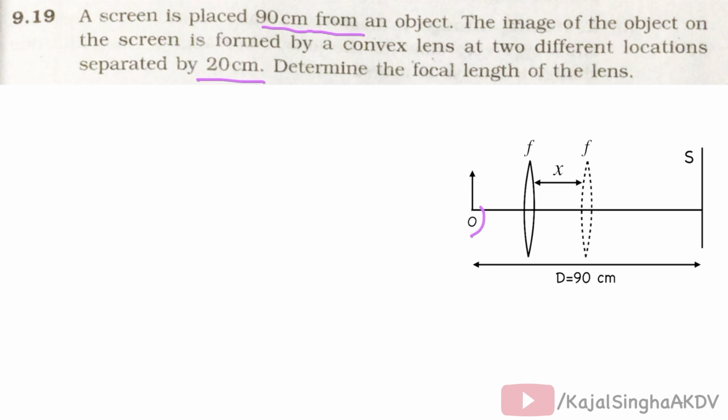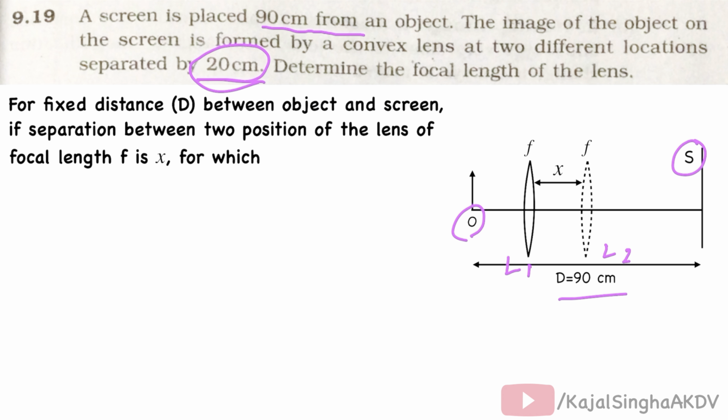Let the object O and the screen S be separated by a distance of 90 centimeter, and when we place a convex lens of focal length f at two different positions in between the object and screen, that is at positions L1 and L2, in both cases we get a sharp image on the screen. Let the separation between these two positions be x, which is given as 20 centimeter.